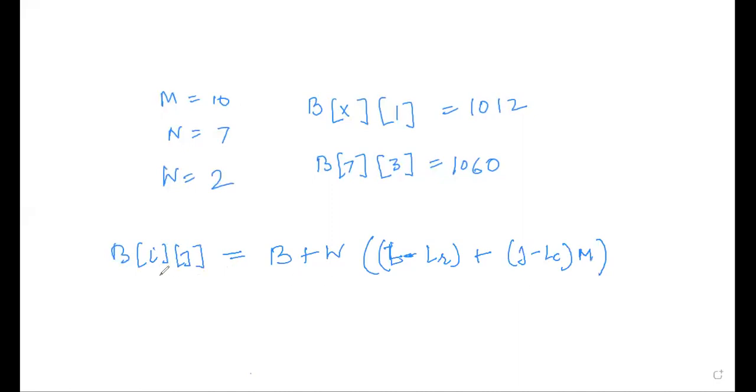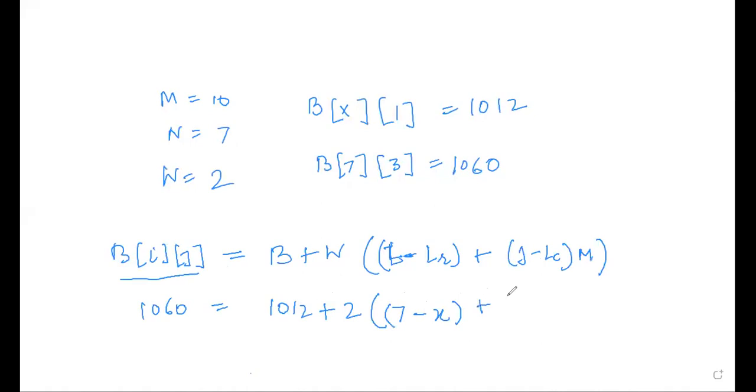Now, if you put the values, the address of IJ is given to me, that is 1060. Base address at X 1 is given as 1012. W is given as 2. Now, I is 7. The lower bound of row is not given to me, that is X.